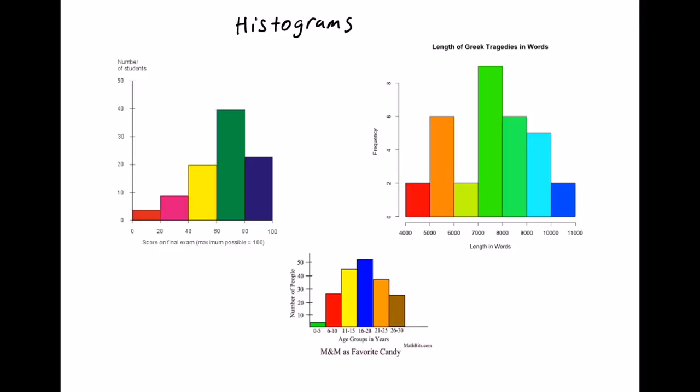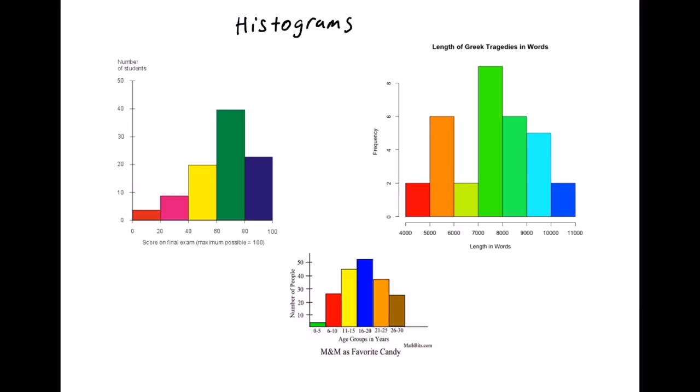They work really well because you can get ranges instead of every single value. So instead of having 5 dots for 62, 3 dots for 73, you can just lump them all into one. In this one over here, same thing.